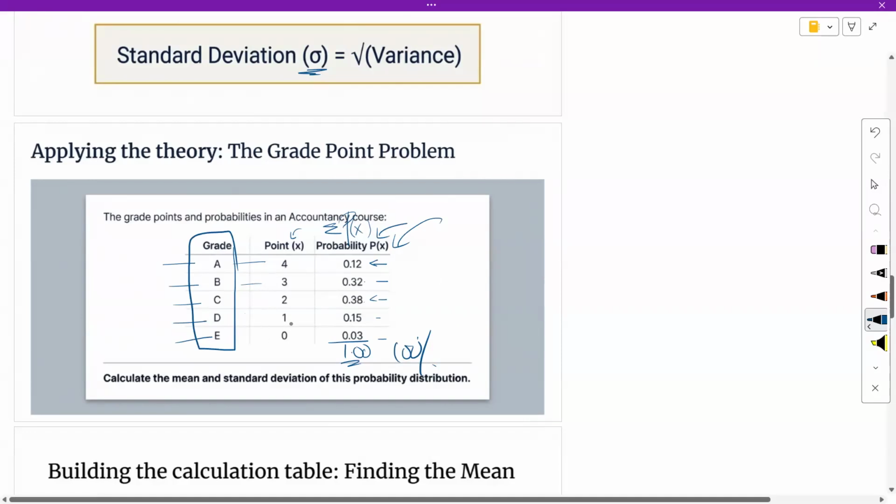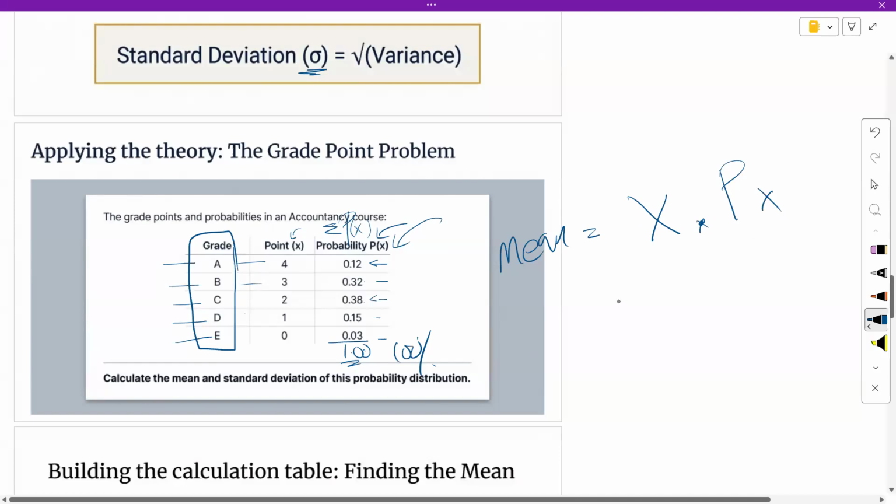The expected GPA for this subject, we have to find out the average, the mean. What's the formula to calculate the mean? It's very simple. Value of x into probability of x.